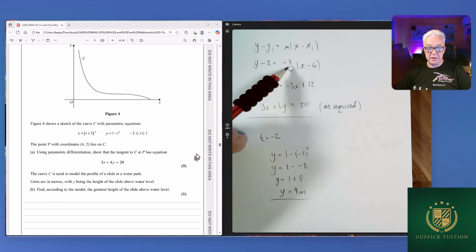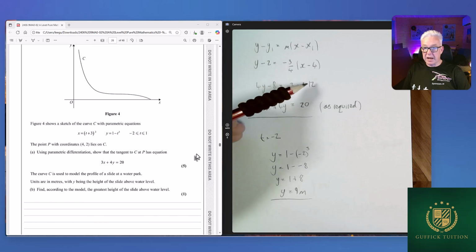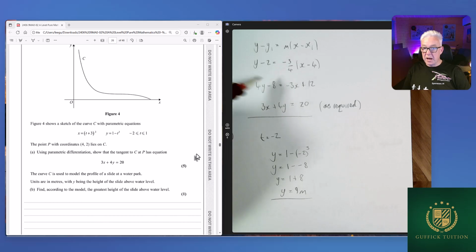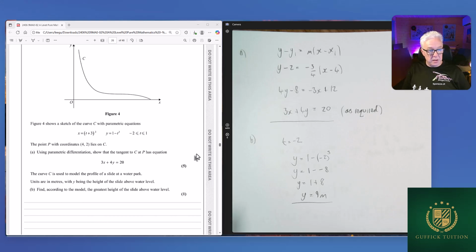Our gradient at the tangent we've just established is −3/4. So bringing that together, timesing everything by 4, gets 4y − 8 = −3x + 12, because minus times a minus makes a plus. And then adding the 3x over to that side and adding that −8 over to the other side, we get the equation that we're being asked to derive. So that's part A for 5 marks.